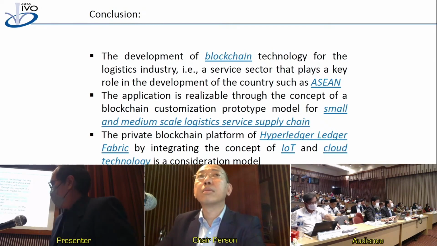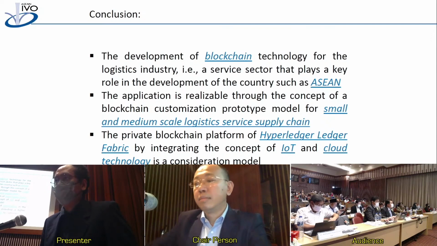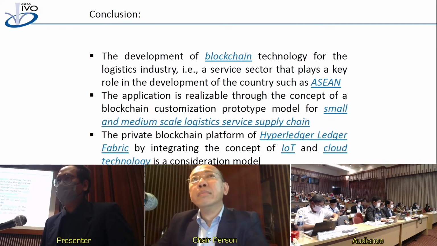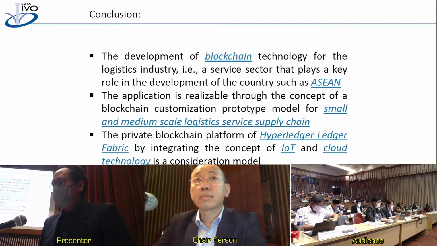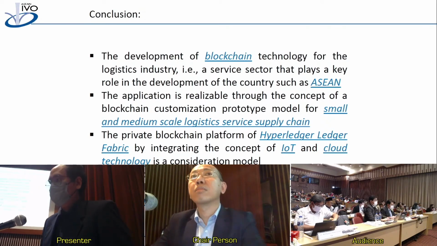And also, when we operate with the logistics service supply chain, this operation based on blockchain is related to several companies making the same information to operate the supply chain. In case of sharing data along the supply chain, it's very difficult to manage under the traditional platform, such as the EDI that maybe existed before.